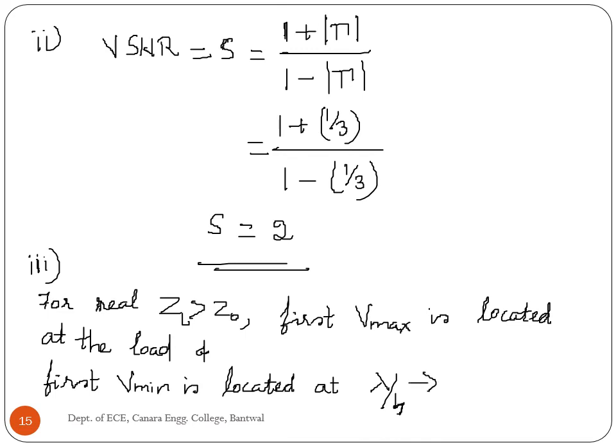So what is lambda? Lambda we can calculate by the equation C by F, where C is 3 into 10 to the power 8, F is given, it's 100 kilohertz. Sorry, lambda is 3 into 10 to the power 8 divided by 100 kilohertz, which is equal to 3000 meter.